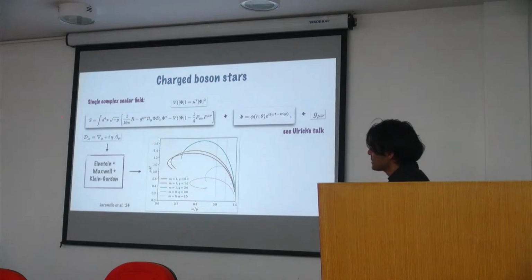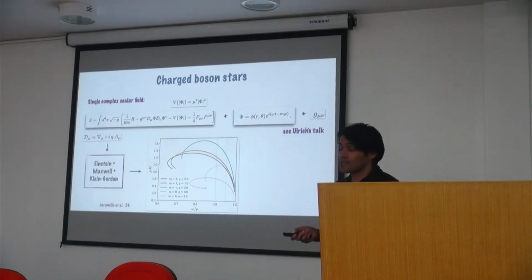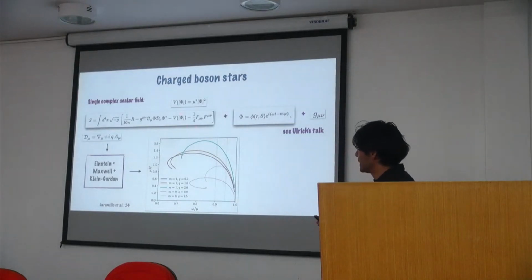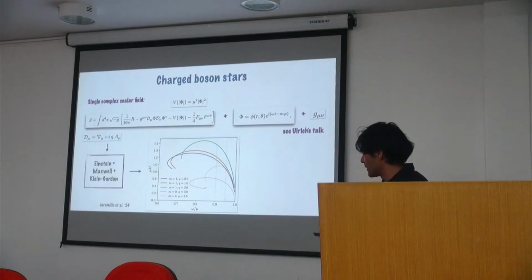So once again, you just get the initial data for these configurations. When you don't have charge, essentially what I'm going to do is start with a single complex scalar field that is coupled with the Maxwell part, and you can compute the initial data. That's quite simple. So for standard boson stars, it is this curve that appears here.